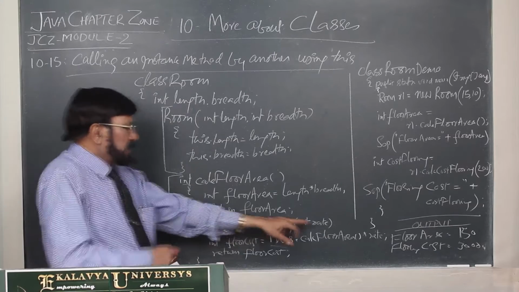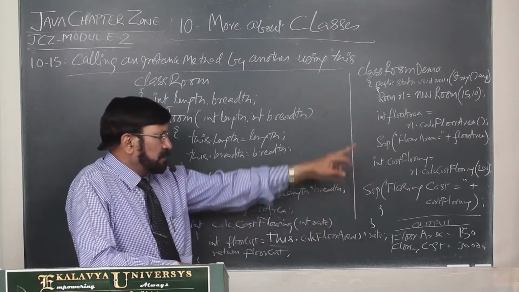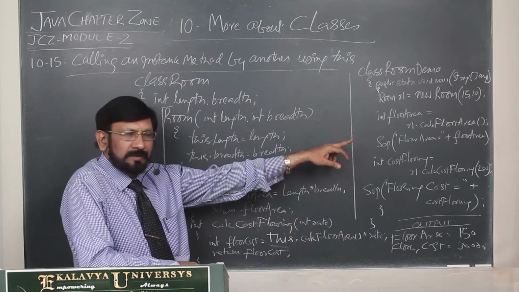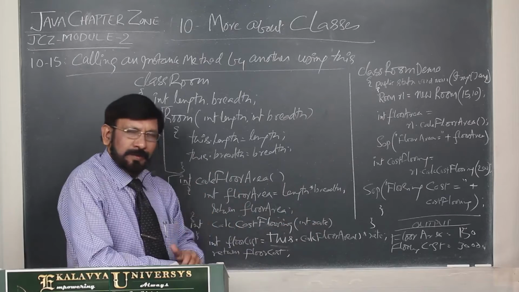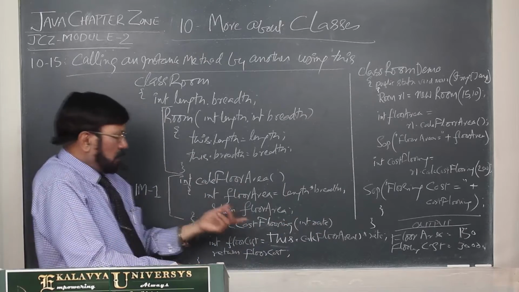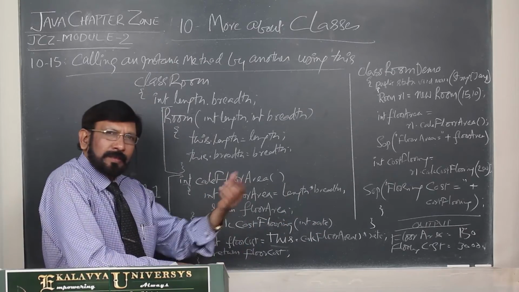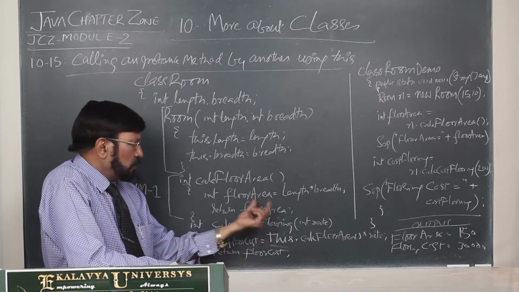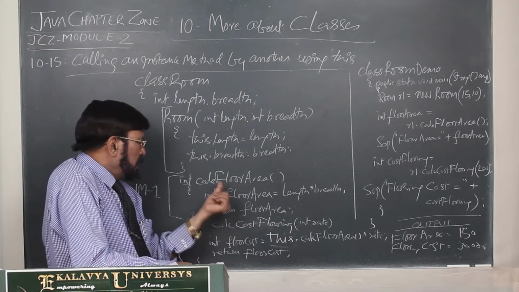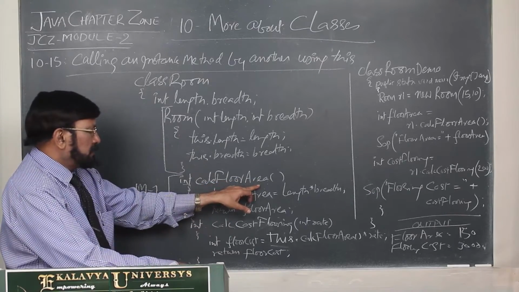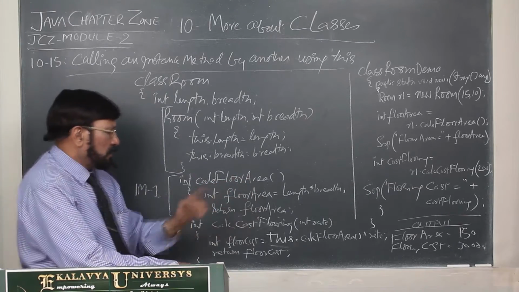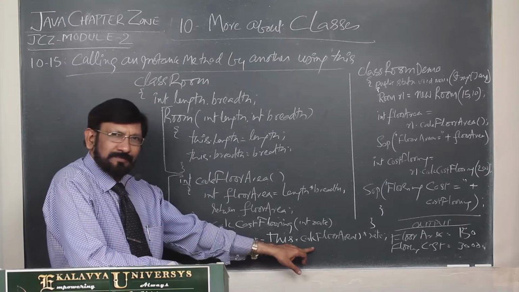Here, rate we are passing from a different class where the implementation is done. So, into rate, only one variable we have given. What other input is required? It requires floor area. Then, who can give floor area? The calculateFloorArea method can return floor area. That's why you can call it.